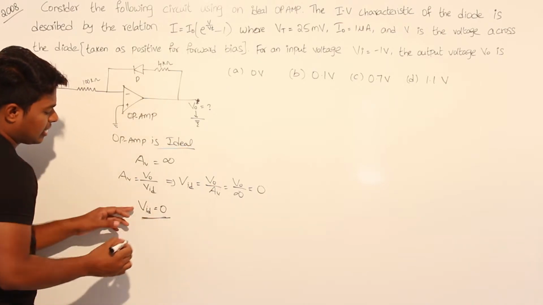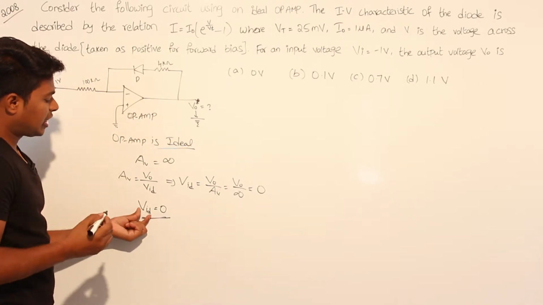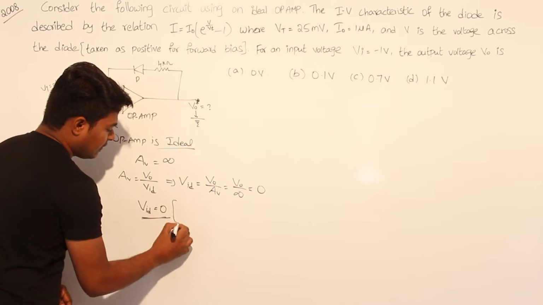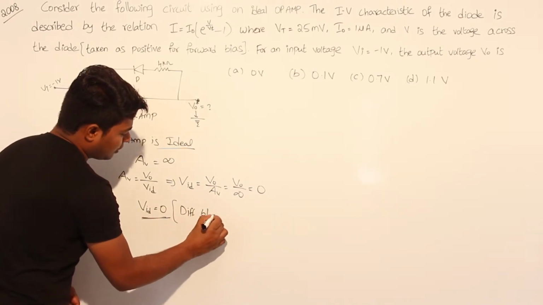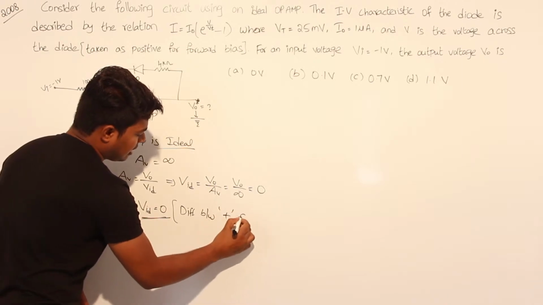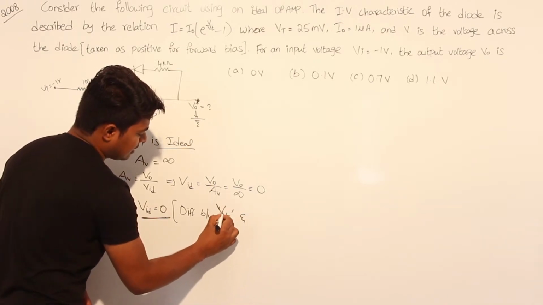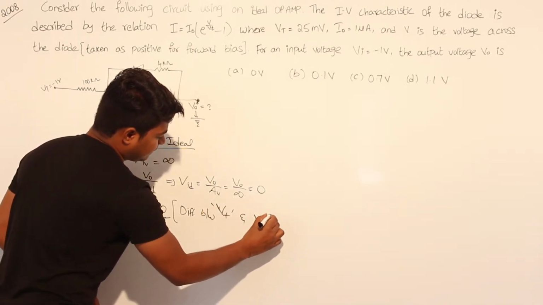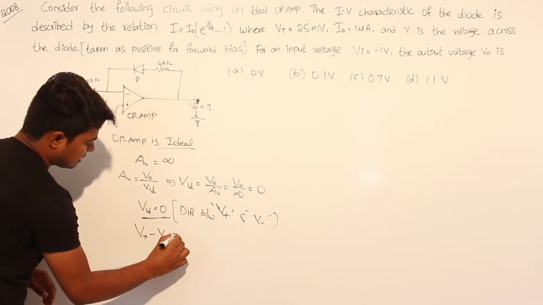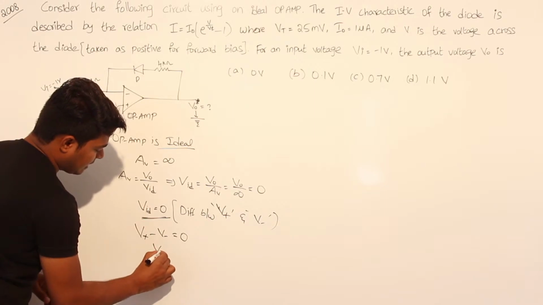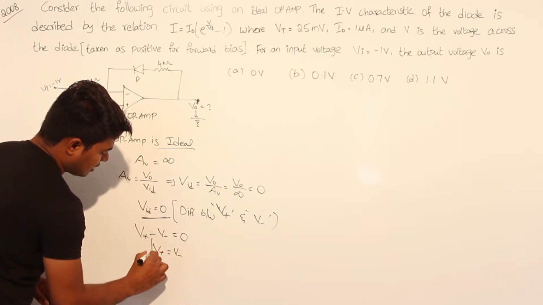VID is nothing but the difference between the two input terminals of an op amp, that is V plus minus V minus, which equals 0. So V plus = V minus.